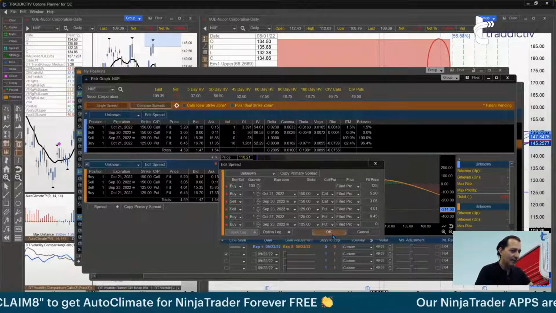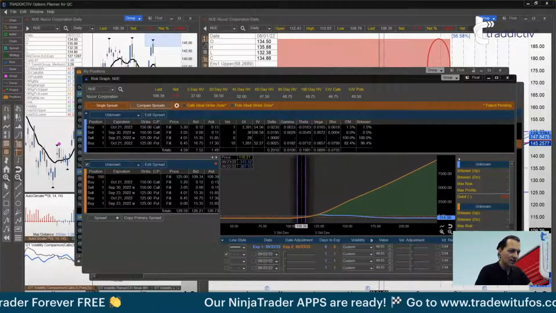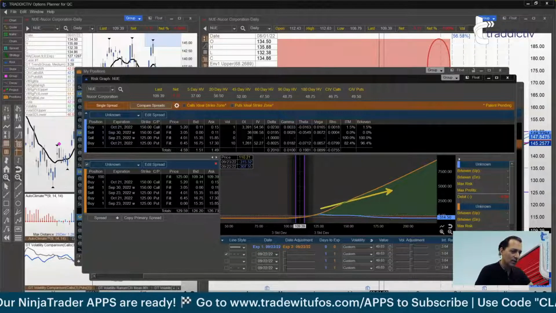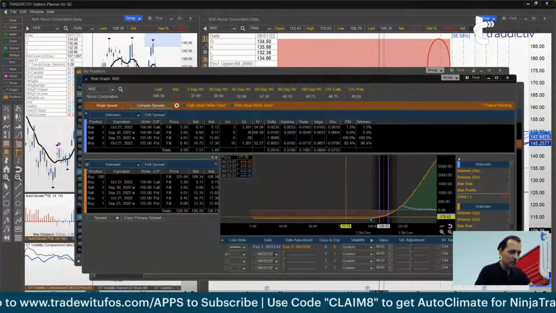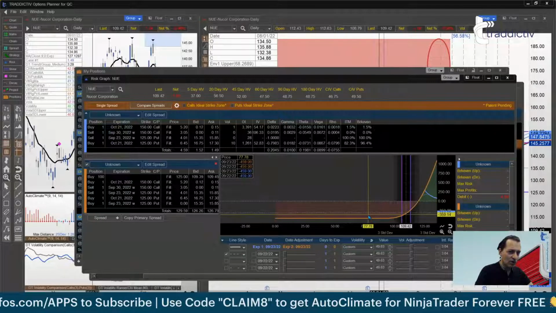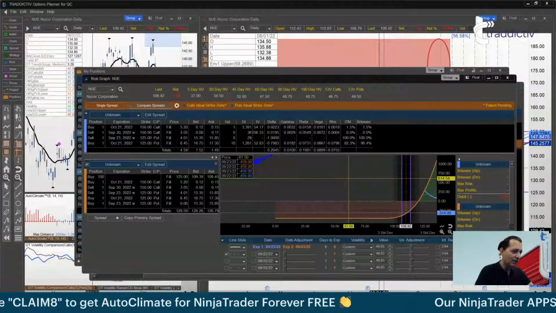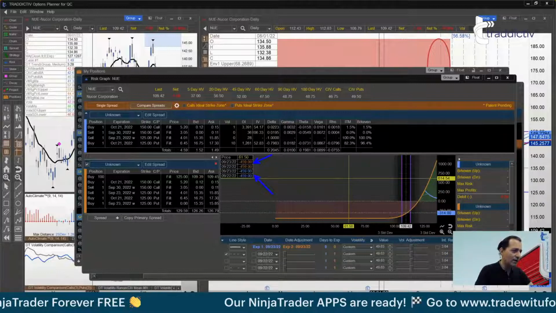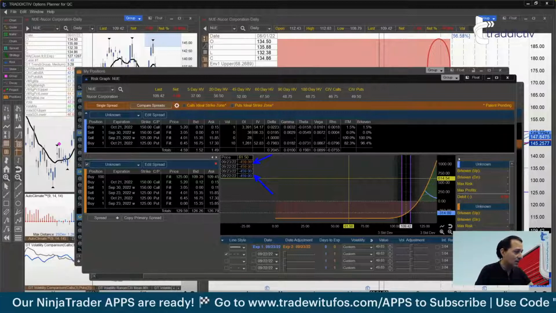So if I click OK and I show you the risk graph, notice that, of course, because you own stocks, if the stock goes up, you're going to make so much more. But if the stock goes down, so let me move this to the left. If the stock goes down, and I put my mouse here, notice how the risk of the orange graph, which is the one with the stock you own, and the risk of the blue graph, which is the one without being assigned, is exactly the same.